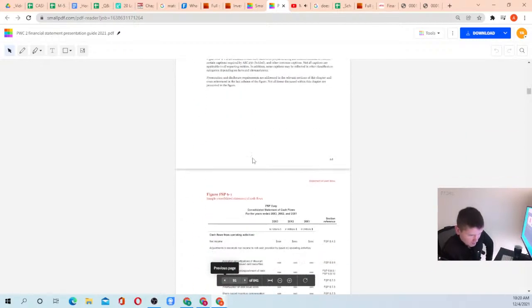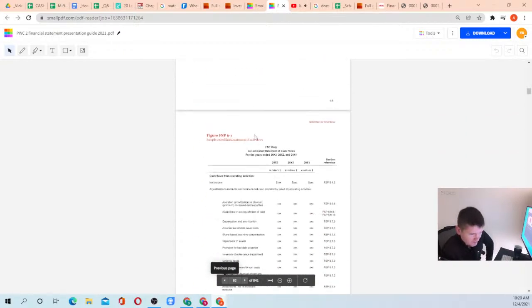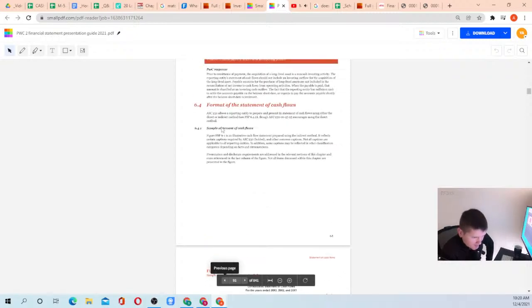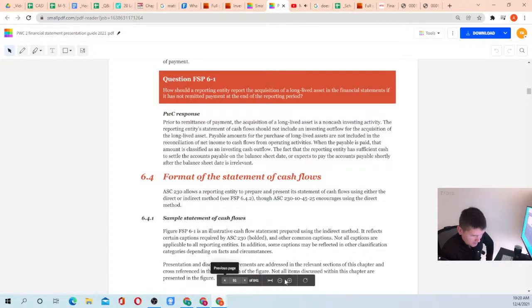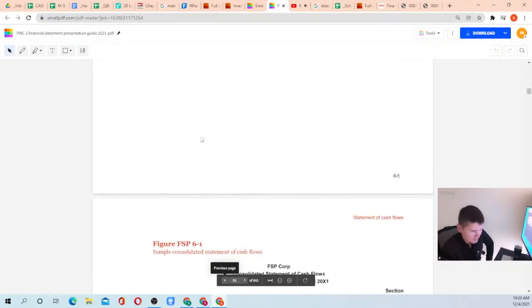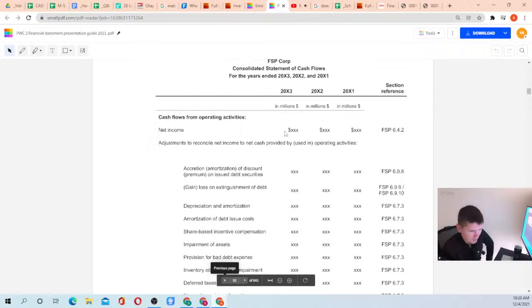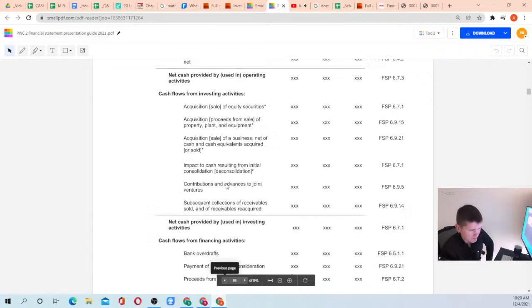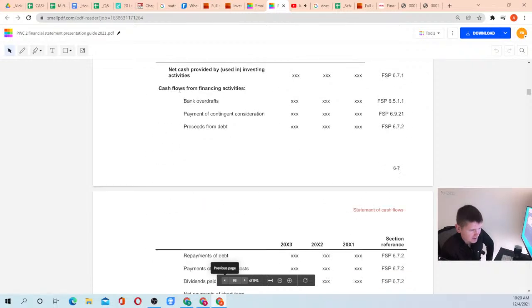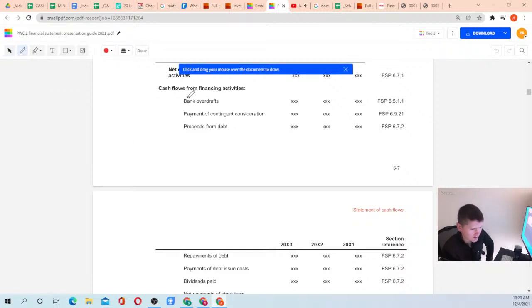And let's scroll down to the sample statement of cash flows. Let me zoom in quite a bit. Yeah, so we have a typical operating cash flows here, cash flows from investment activities, and cash flow from financing activities.